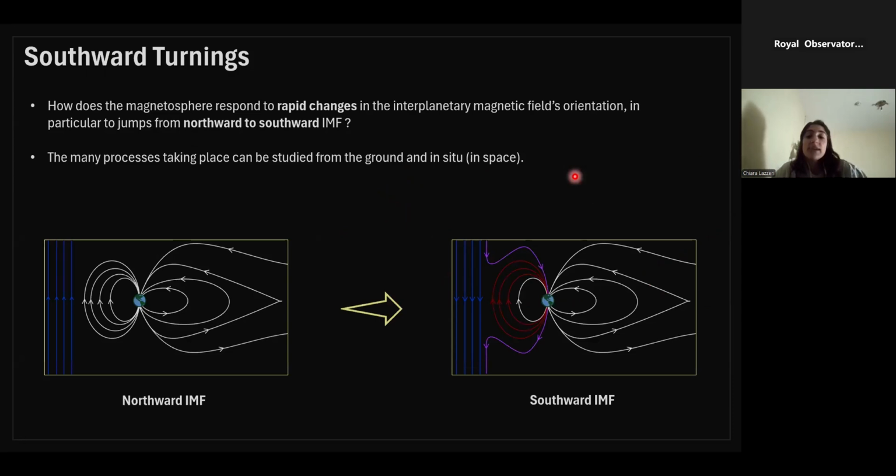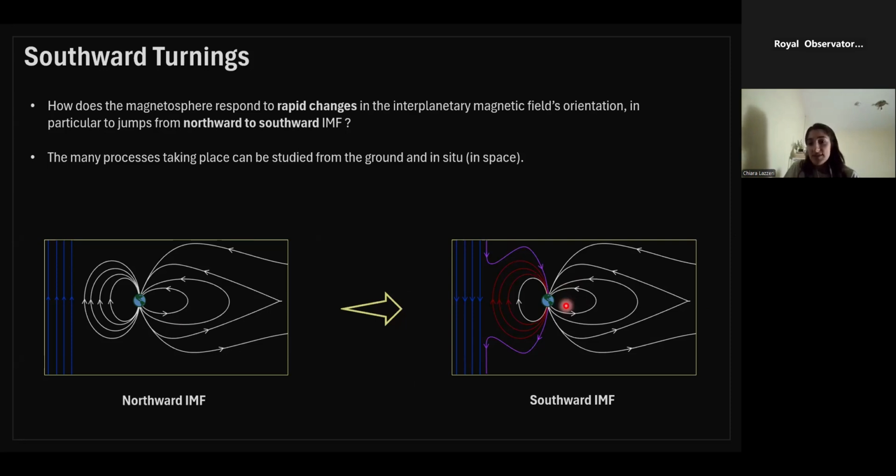Something I've been looking at during my PhD is what happens when we go very rapidly from northward to southward IMF. What goes on in the magnetosphere? We expect that under northward IMF we'll have a relatively quiet system with not much mass or energy entering the system, going to a highly driven system with, again, this circulation of field lines and plasma.